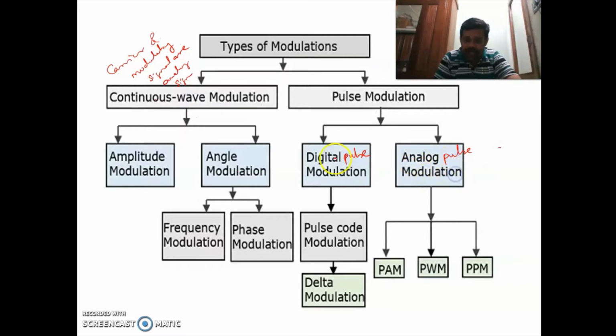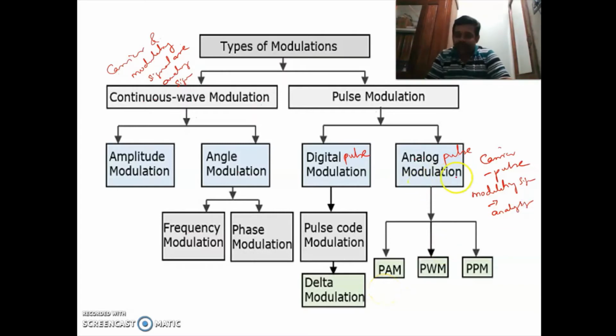Analog pulse modulation means the carrier is a pulse and the modulating signal is an analog signal.